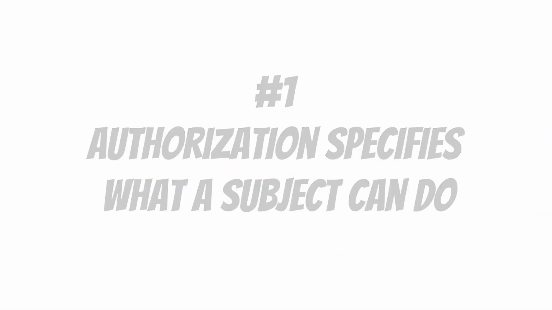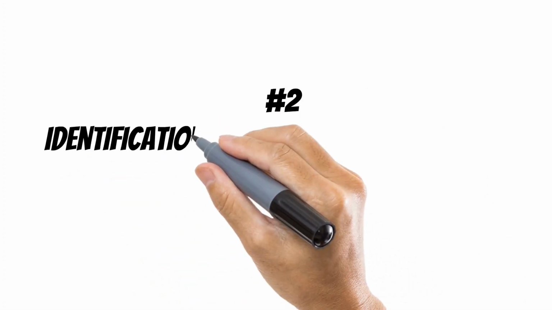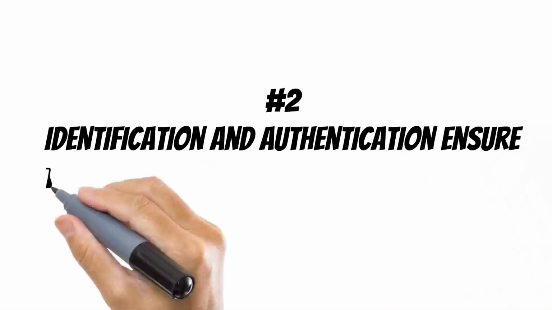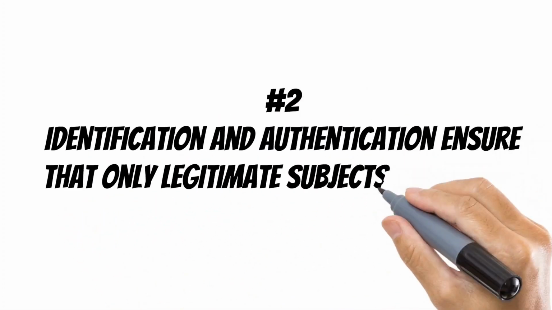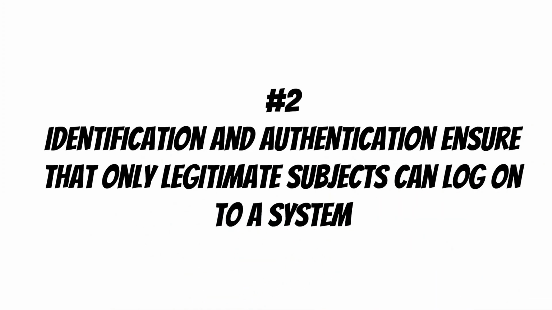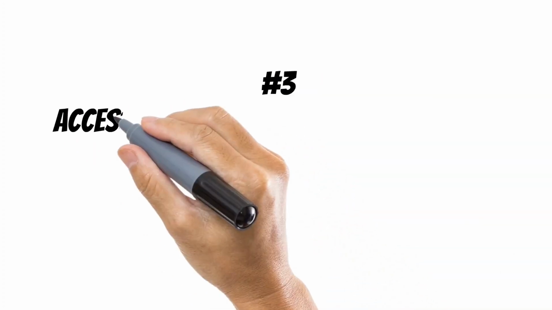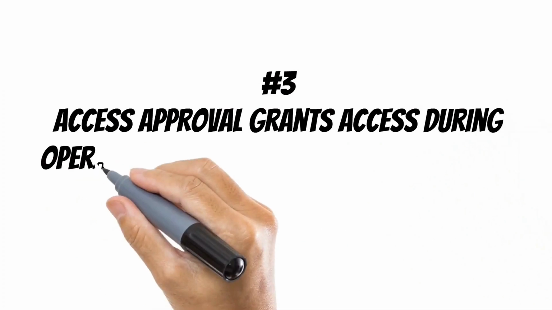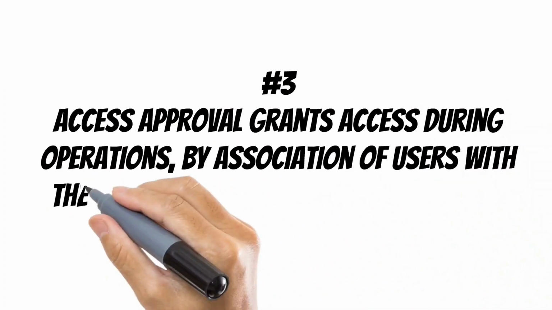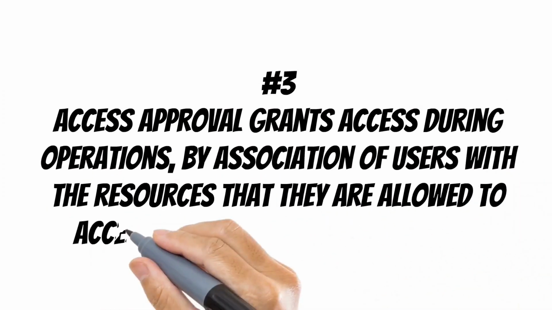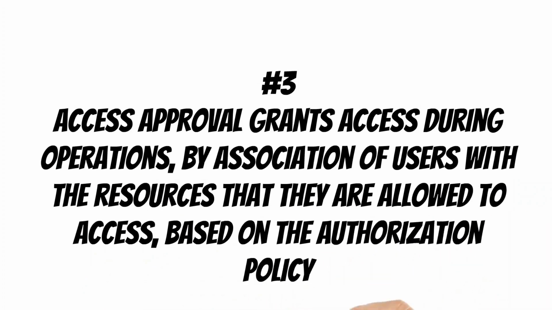Services. Access control systems provide the essential services of authorization, identification and authentication, i.e., access approval, and accountability, where Number 1. Authorization specifies what a subject can do. Number 2.